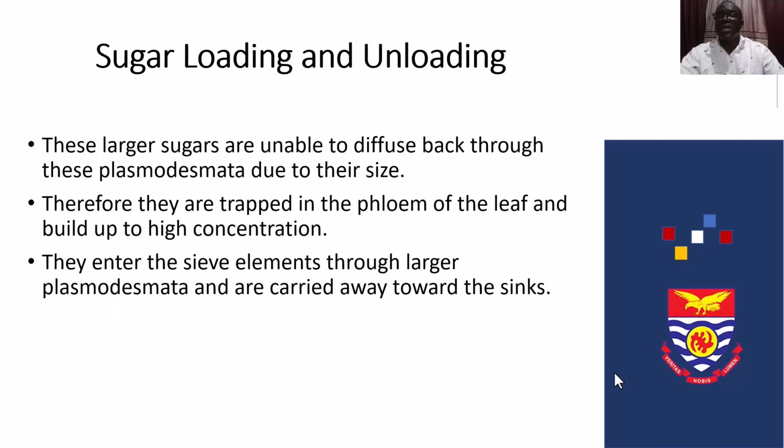These larger sugars are unable to diffuse back through these plasmodesmata due to their size. Therefore, they are trapped in the phloem of the leaf and build up to high concentration. They enter the sieve elements through larger plasmodesmata and are carried away toward the sinks.